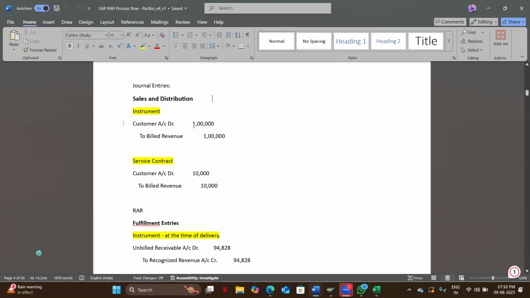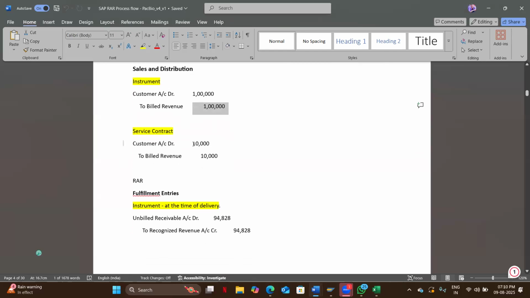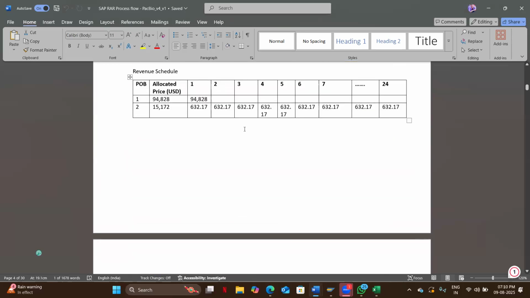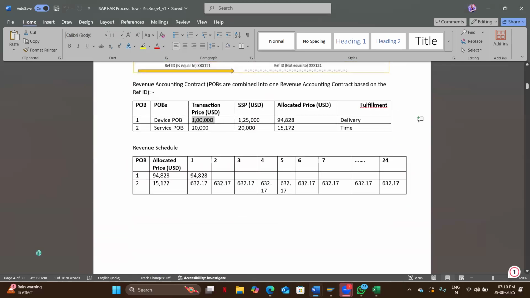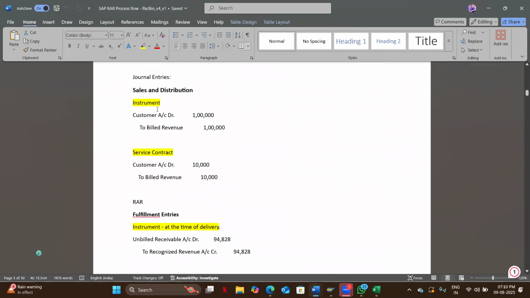The customer purchased 1 lakh of goods, so directly 1 lakh to billing revenue 1 lakh. And for the service also, customer 10,000 and billing revenue also 10,000, as it is the transaction price. You can see on the SD side in the backend it happens based on the transaction price.